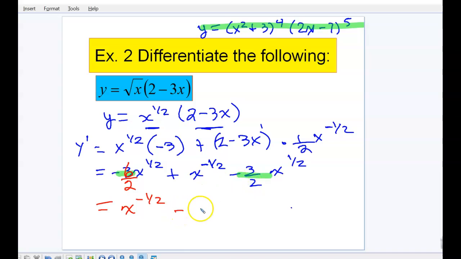And negative 6 subtract 3 would be negative 9 over 2 x to the positive 1/2. And there would be your final answer. Now they might rewrite this first term without a negative exponent, which would be 1 over x to the 1/2 minus 9 over 2 x to the 1/2. But again, it's the same answer as the one above it.